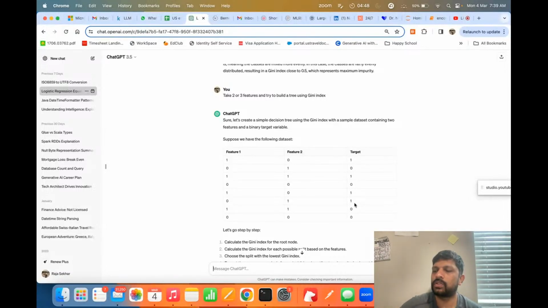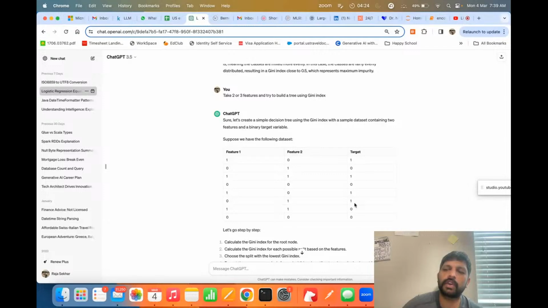So it's two zeros and two ones. Here also it will be the same: 2 by 4 whole square plus 2 by 4 whole square, that is 1 by 2 whole square. 1 by 4 plus 1 by 4 is 1 by 2. 1 minus 1 by 2 is 0.5. Wherever there's equal purity, it will become 0.5, similar to our root node.